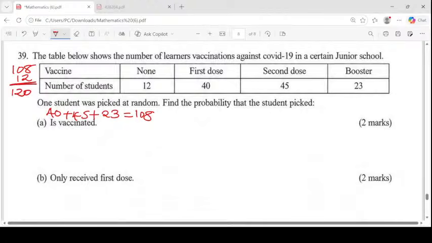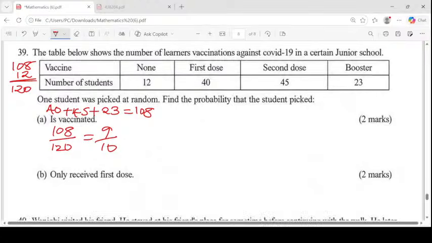So the probability that a learner picked is vaccinated is 108 over 120. This can even be simplified. When you have 108 over 120, it simplifies to 9 over 10.